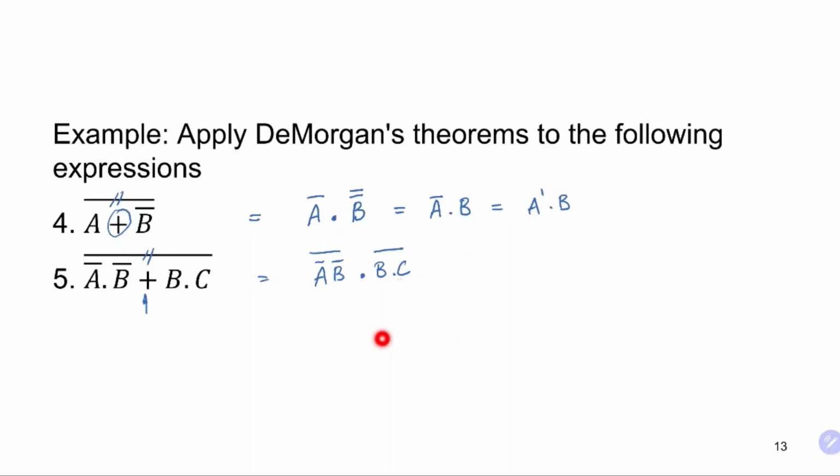So here we can actually carry on with our De Morgan's. So here is another operator. We have a bar and then we have an operator there. And same thing here, we have a bar, we have another operator there. So we can break that. That will be A bar bar.